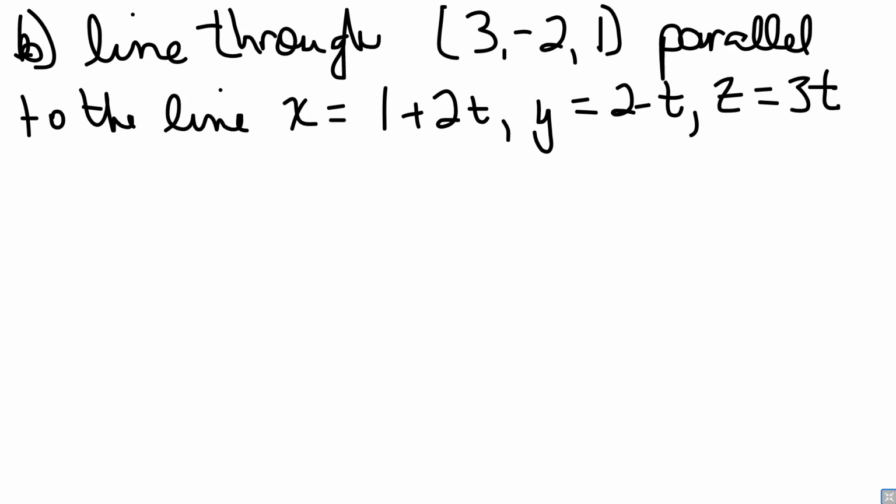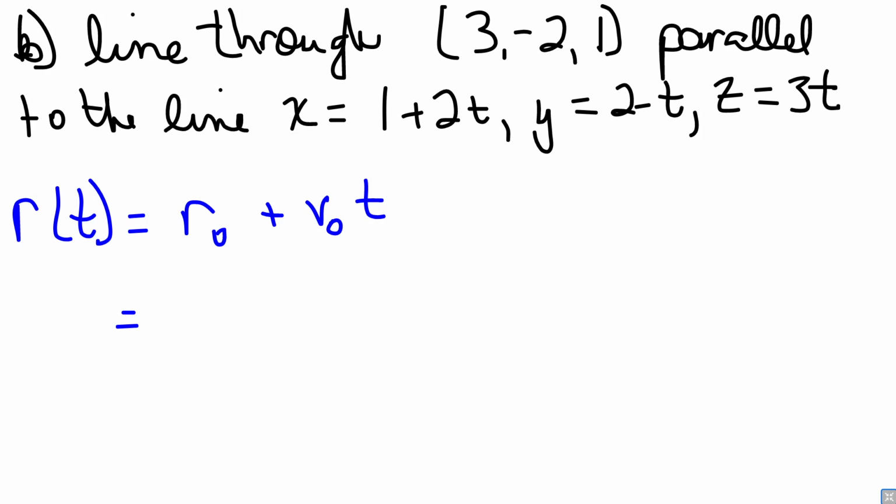Okay, so if we take a look at this, r of t, again, it's going to be r sub 0 plus v sub 0 times t. All right, so r sub 0 is going to represent our starting point.